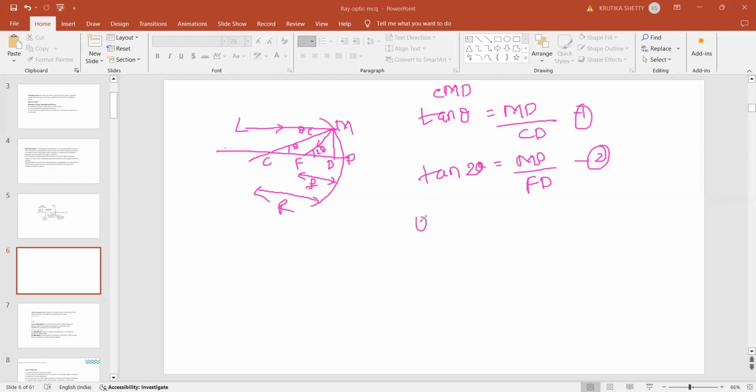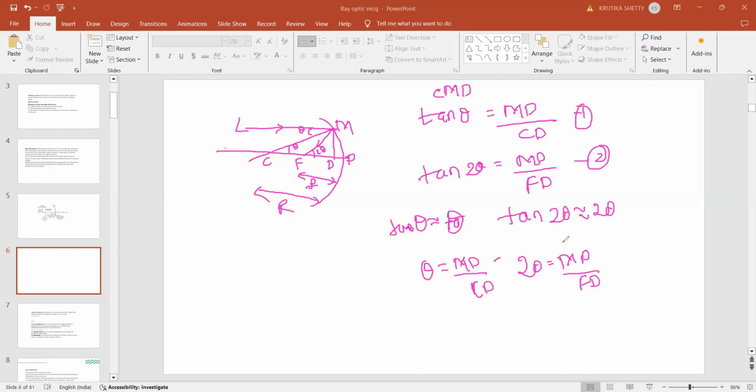So you can write one sentence: tan theta is nearly equal to theta, and tan 2 theta is nearly equal to 2 theta. Hence, theta is equal to MD by CD, and 2 theta is equal to MD divided by FD.